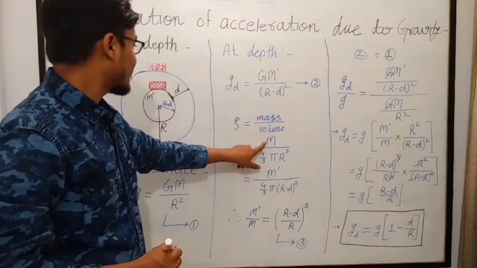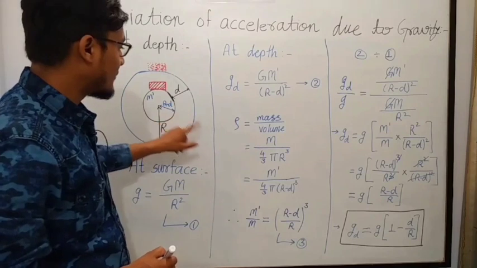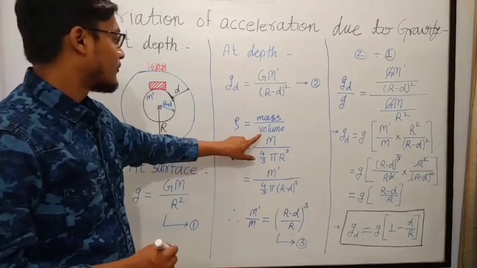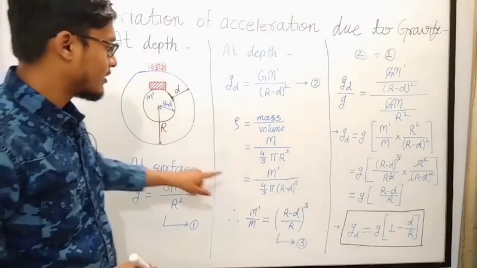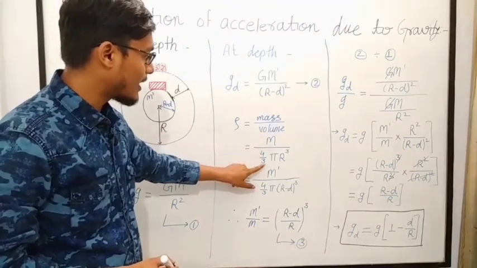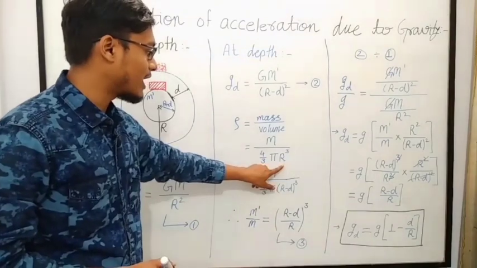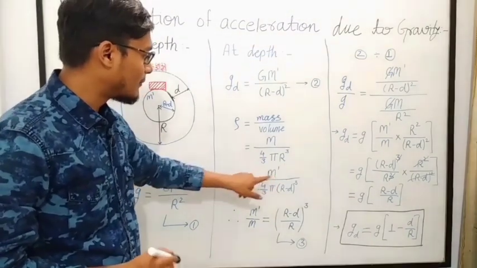So for this, capital M is the mass of the complete earth, and for the volume we take the volume of a sphere because our earth is a spherical body. So the volume of the earth is 4 by 3 pi r cube, because we are taking the volume of the complete earth.